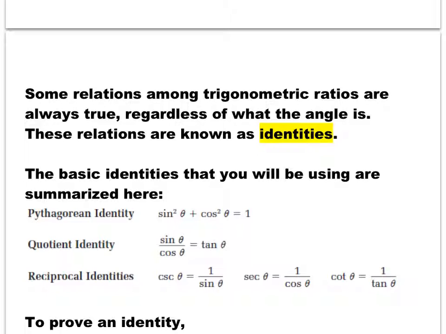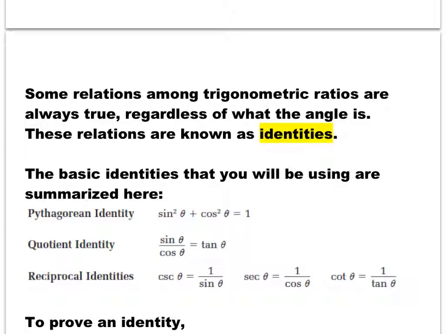And the first three are given here. One is called the Pythagorean identity, which is sine squared plus cos squared is equal to 1. Okay? That's the first identity. The second identity, the quotient identity, says that sine over cos is equal to tan, which you already know.